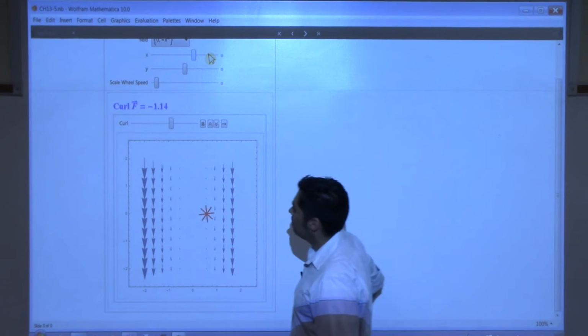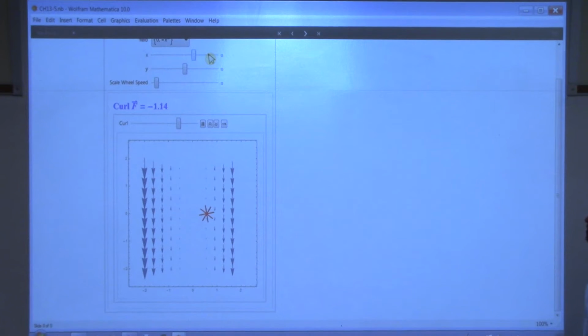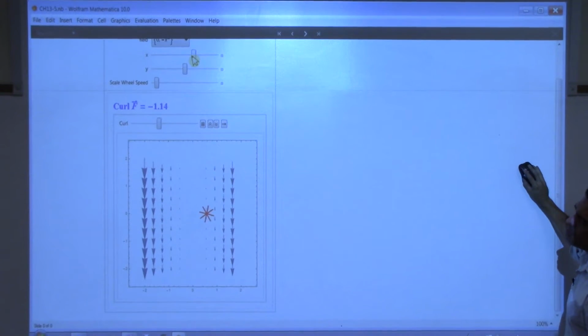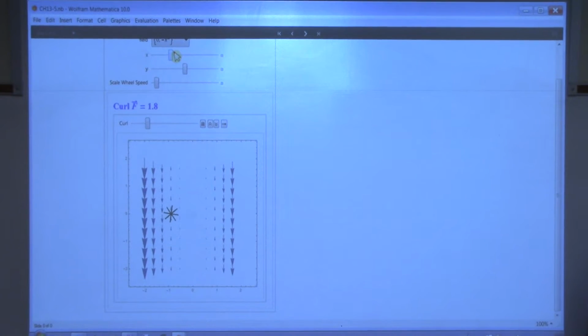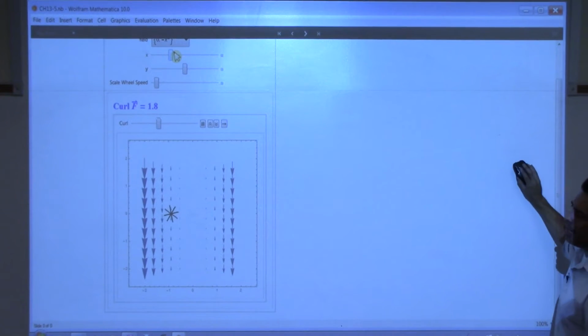Notice that our curl is negative. Clockwise, negative rotation. Then what would happen if I go to the other side? Should be counterclockwise, right? And my curl is 1.8.